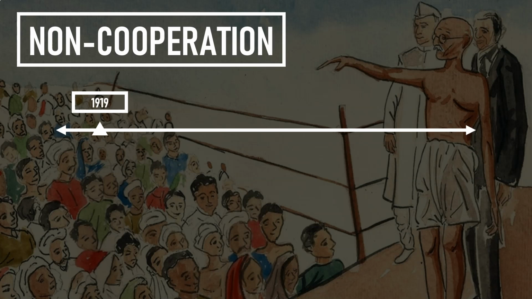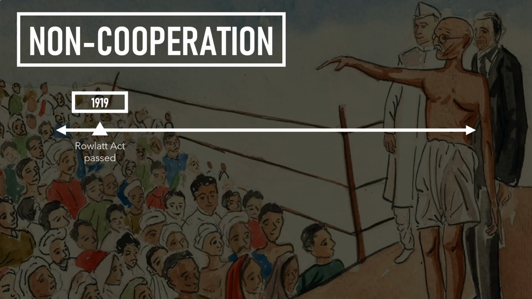It started in 1919 when the Imperial Legislative Council, which was the lawmaking body of India at the time, passed the Rowlatt Act. And despite apprehensions and strong dissent from the Indian members of this council, the act was passed, and it essentially empowered the British government to retain and arrest political prisoners for up to 2 years without a trial.